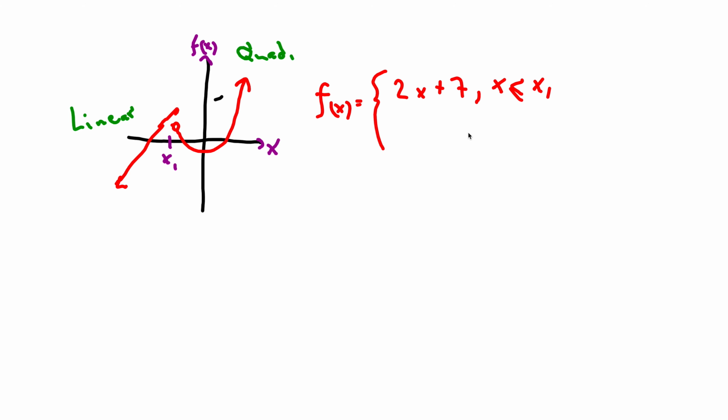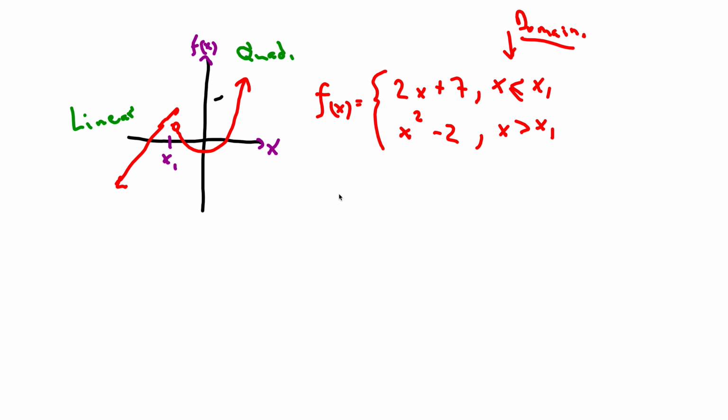And then after that, when x is greater than x sub 1, it ends up being this quadratic. So let's say that's a quadratic, how about x squared minus 2, right? So a piecewise defined function is simply something that is defined over a certain domain. So these are the domain.